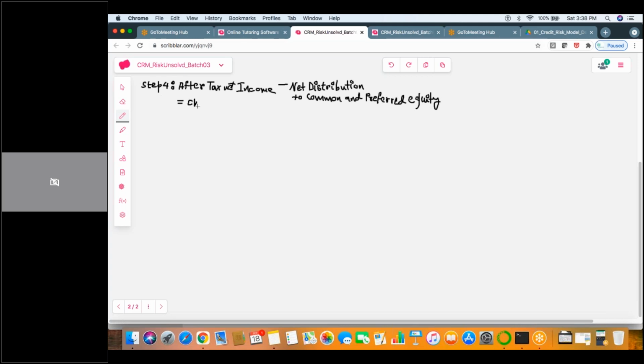So this is the change in the equity capital.